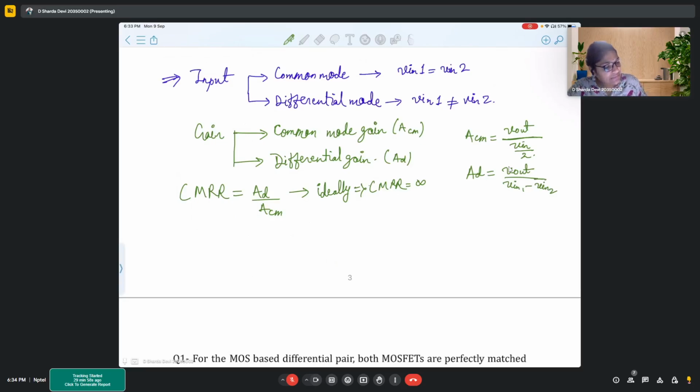Okay, so this is how we find the ACM and AD. So how does this come, Vin? It is like Vin1 plus Vin2 by 2, the average of inputs. So that's why the ACM denominator comes out to be Vin by 2.